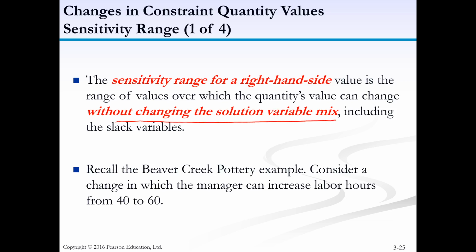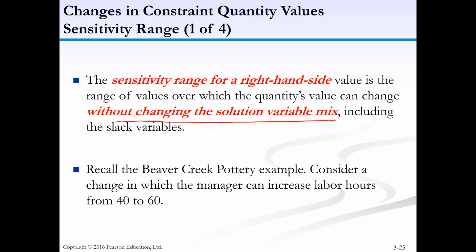Remember that the corner point values will change by changing the right hand side value, but the variable mix will not. Those variables which are in the solution mix will remain in the solution mix, and those which are out of the solution mix will remain outside it, including the slack variables.